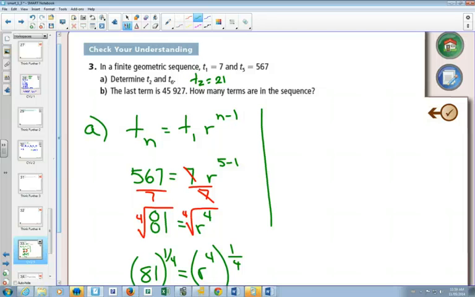You could use the formula to find term 2. I could also use the formula to find term 6. Just to show you how that works, if I want to find term 6 with the formula, I know that term 1 is 7. I now know that r is 3. n would be 6, so 6 minus 1. I would type that into my calculator and get 1701.